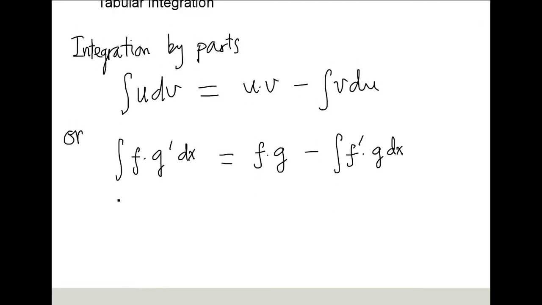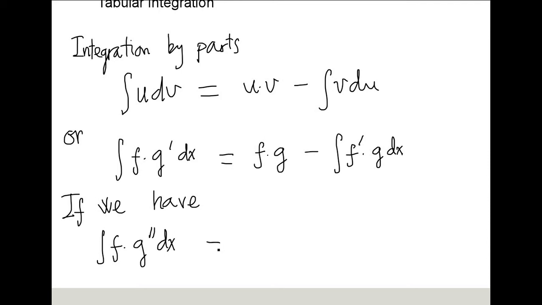Now, if instead of beginning with f g prime like this, we begin with f g double prime, then what do you think we can do?